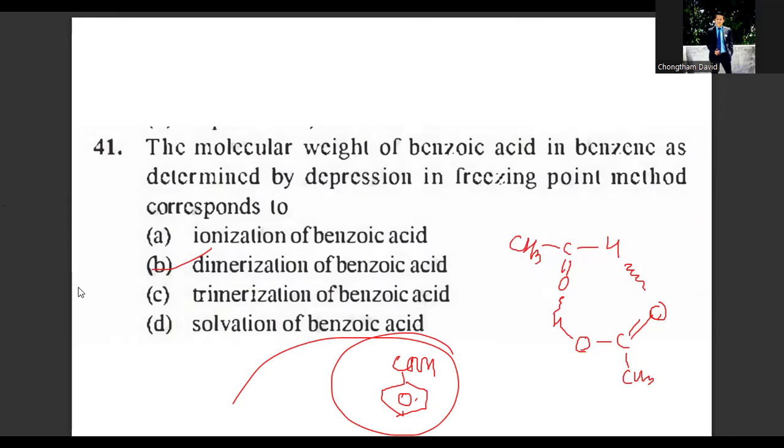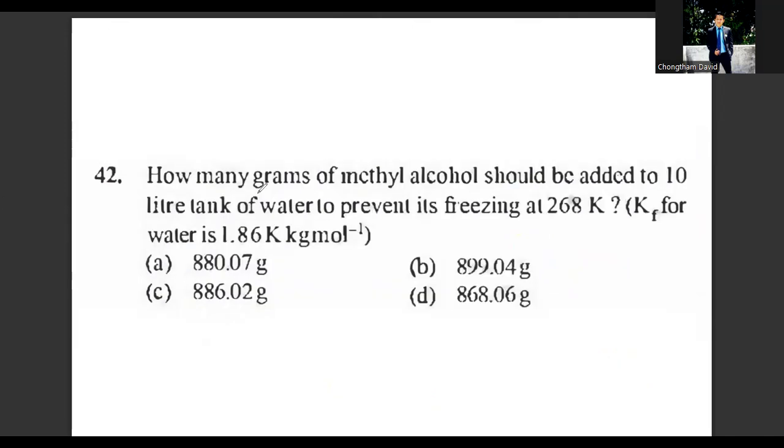I hope it's understood. Let's read question number 42. How many grams of methyl alcohol should be added to a 10-liter tank of water to prevent freezing at 268 Kelvin? You are given the cryoscopic constant 1.86 Kelvin kg per mole. So use the equation according to cryoscopy. You have learned that delta Tf is equal to Kf multiplied with the molality.